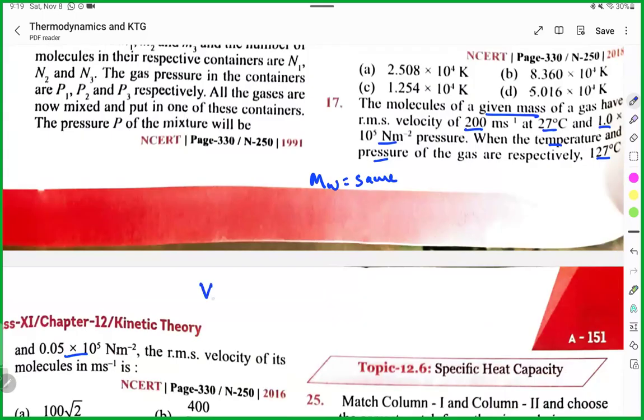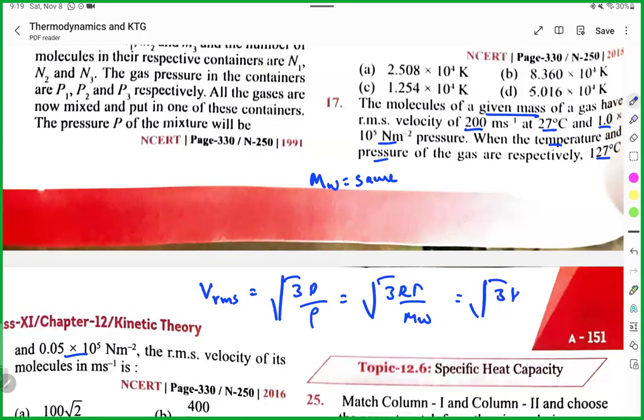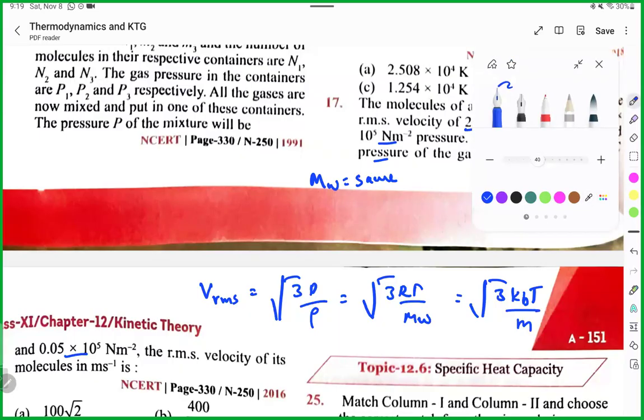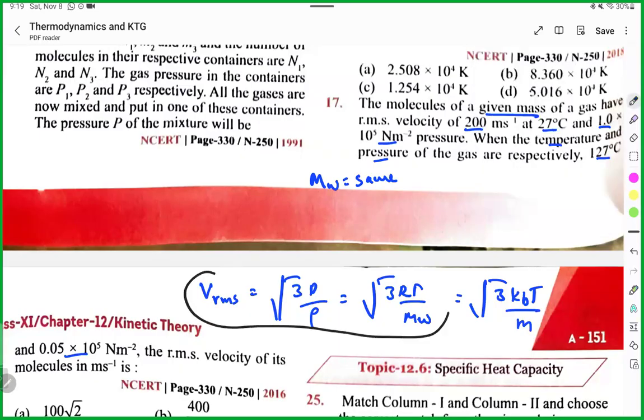Now write VRMS again: 3P by rho, 3RT by molar mass, or 3kBT by M. Most of the time you will use the first two, but we will always write 3.